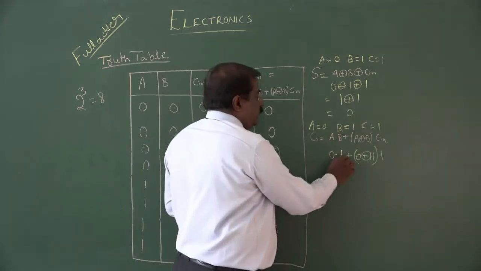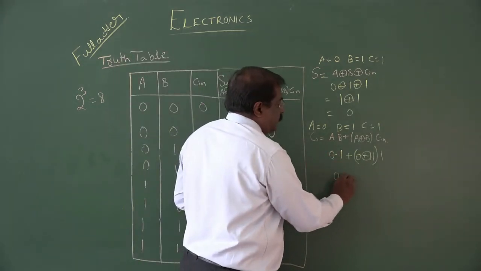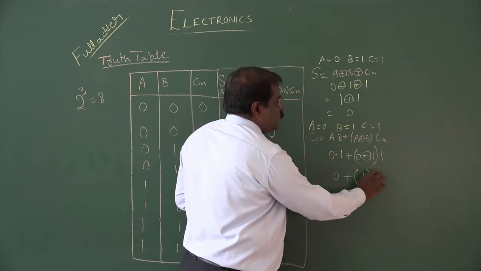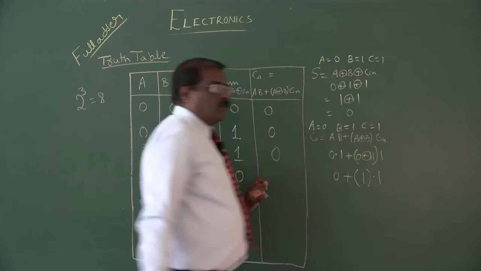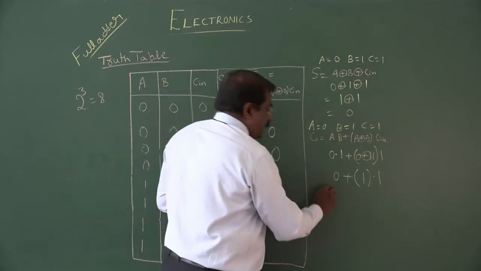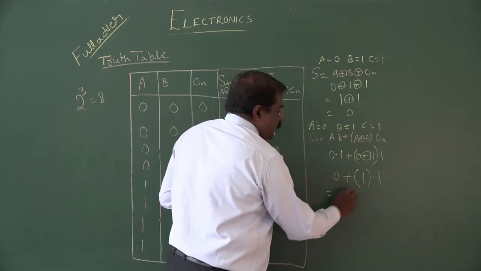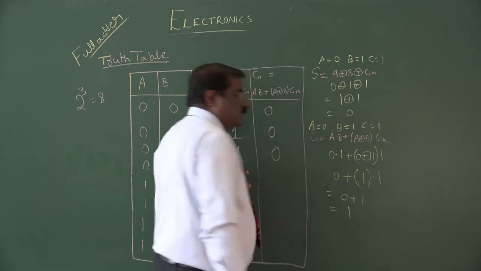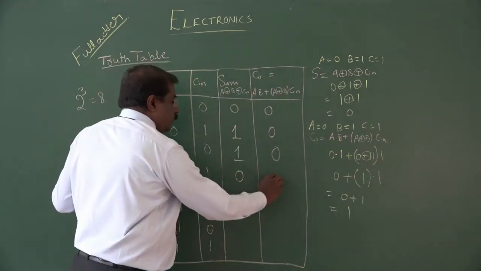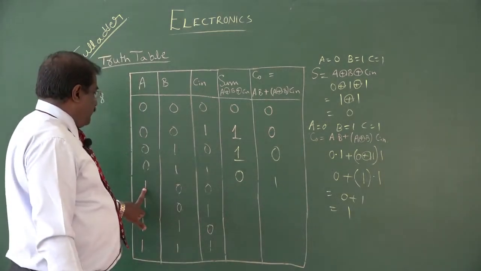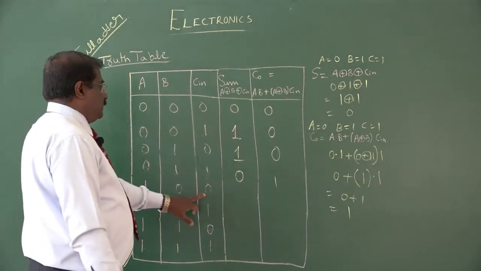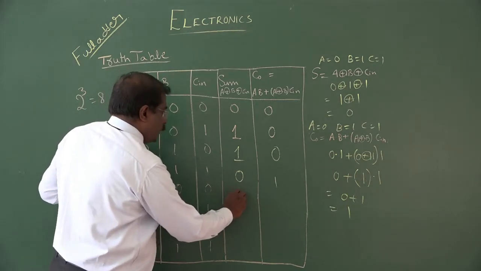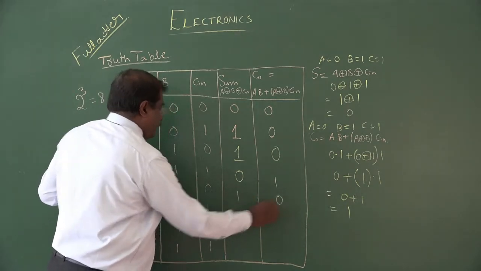Now 0 into 1 and function is 0. 0 XOR 1, according to the XOR function, is 1 dot 1. So 0 plus 1 into 1 is 1. So the answer is 1. The carry will be 1. Here also the same thing, 1, 0, 0, the sum will be 1, carry will be 0.